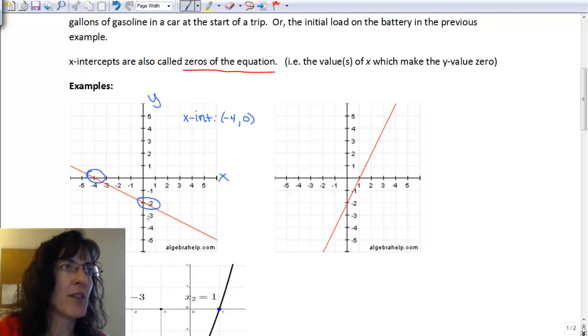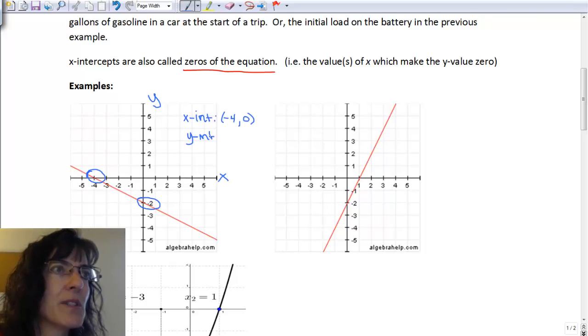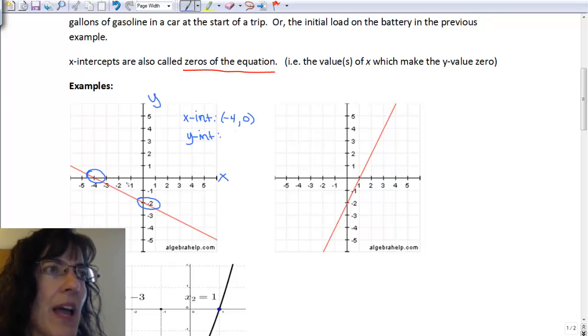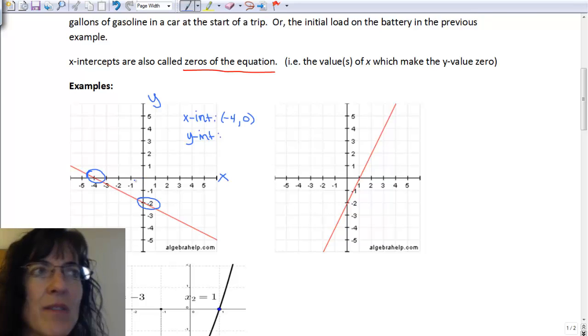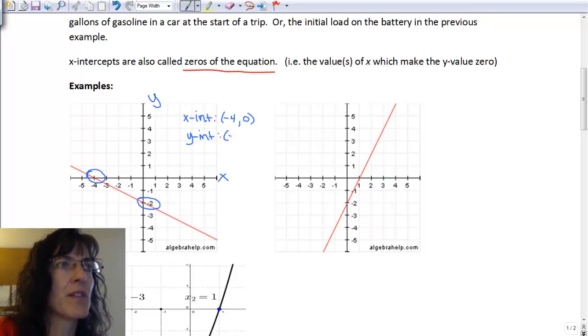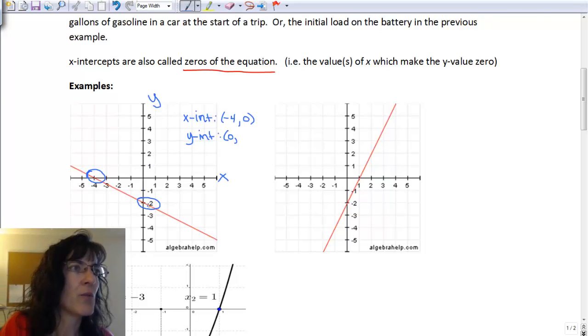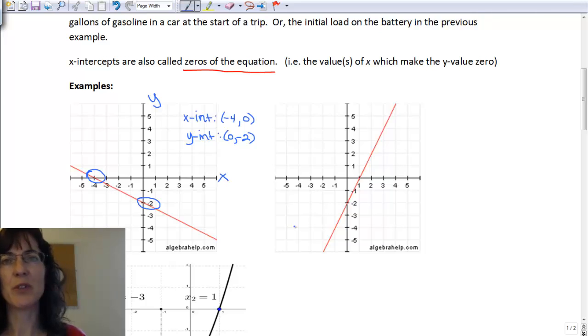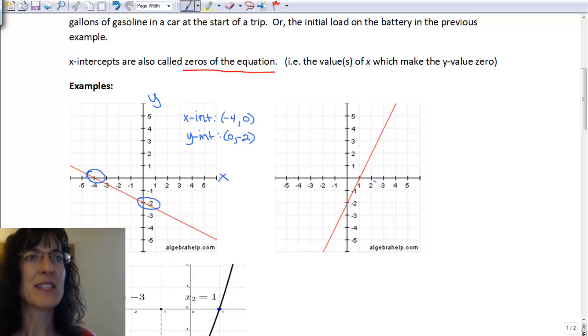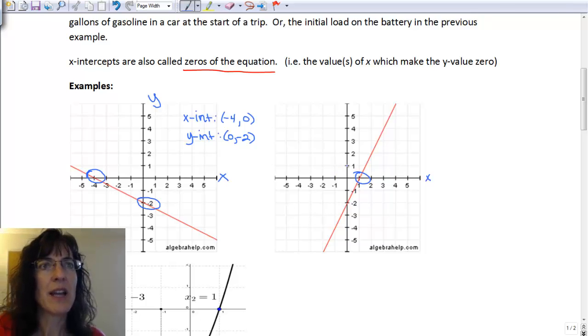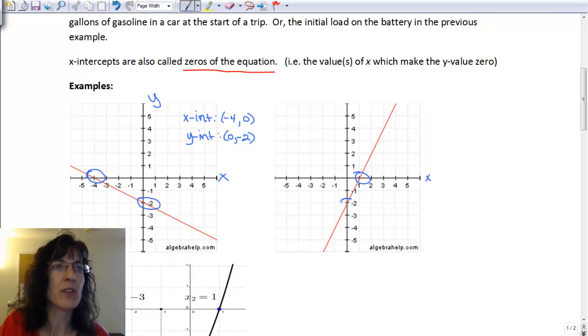Now the one that's on the y-axis is our y-intercept, and that is right down here. So we have 0 in the x direction and -1, -2 in the y direction. So 0, -2 for that one. Next example, I'm looking for where the x-intercepts are, so where does it cross the x-axis, and there's only one place, and then where does it cross the y-axis, and there's the place where that happens.